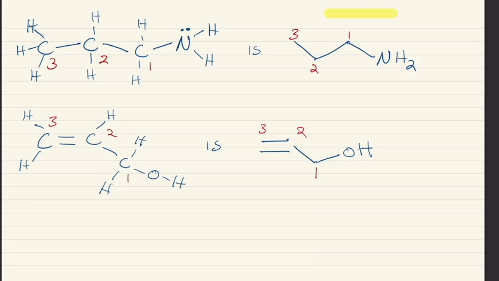In the condensed version, notice we are showing the nitrogen and we are showing the hydrogens attached to the nitrogen, okay? So whenever the atom is a non-carbon, we do show hydrogens attached to the non-carbon atom, as you see in this case.